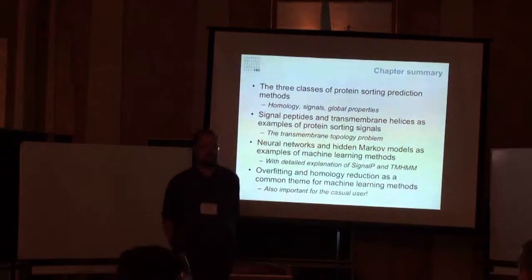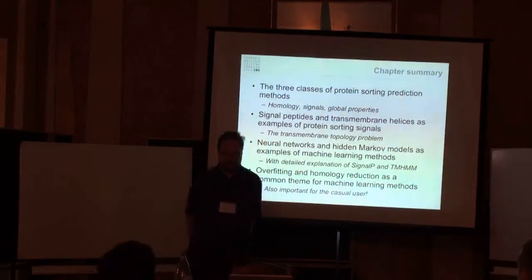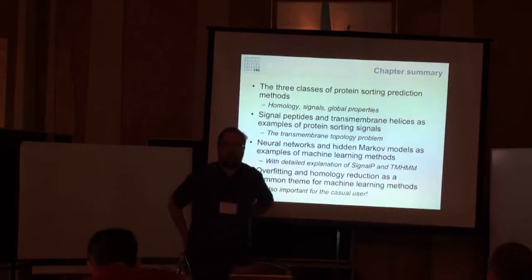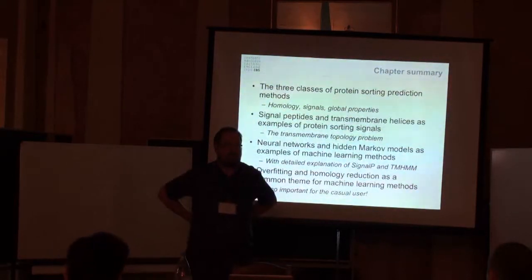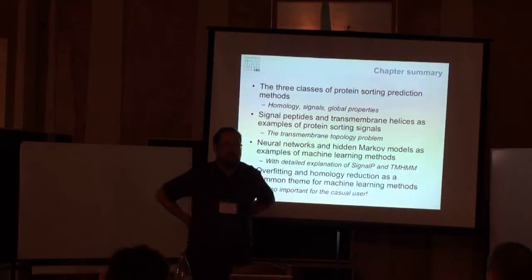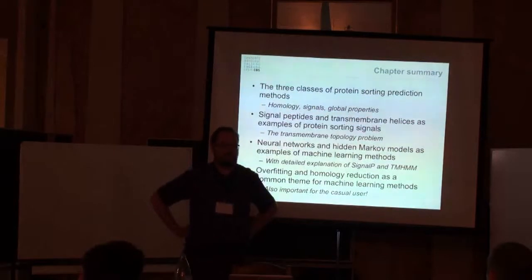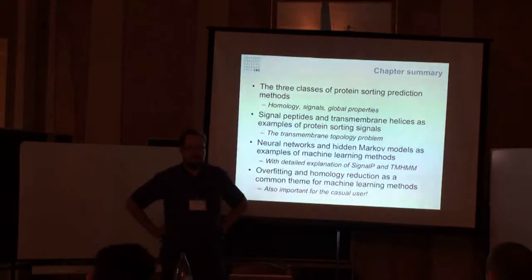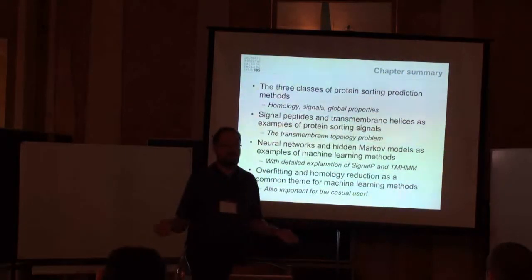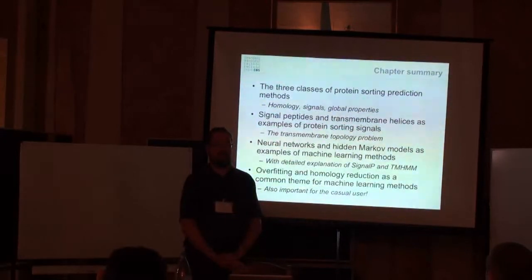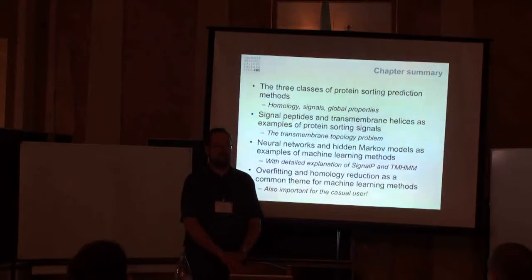Yes, that's absolutely true, and it's a particular problem for organisms like archaea, where we have on the order of 20 experimentally known examples. So existing prediction methods like SignalP are certainly biased towards well-known organisms.